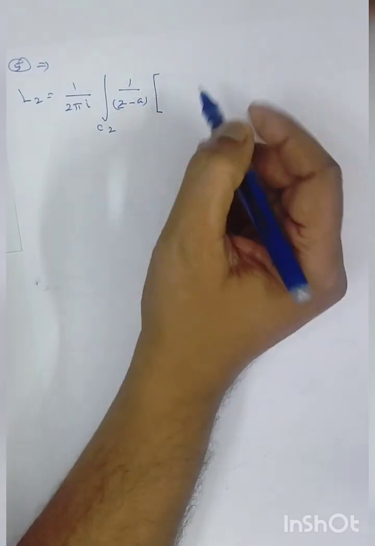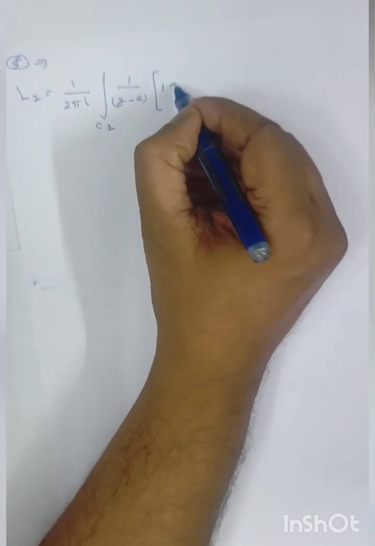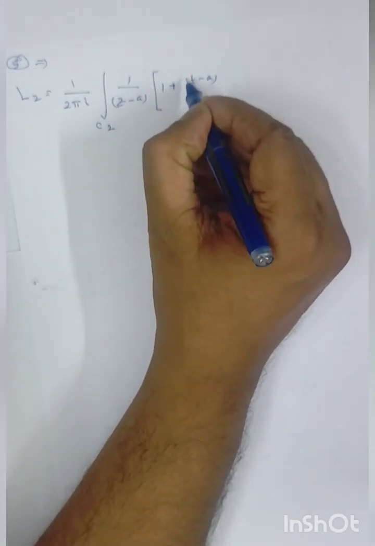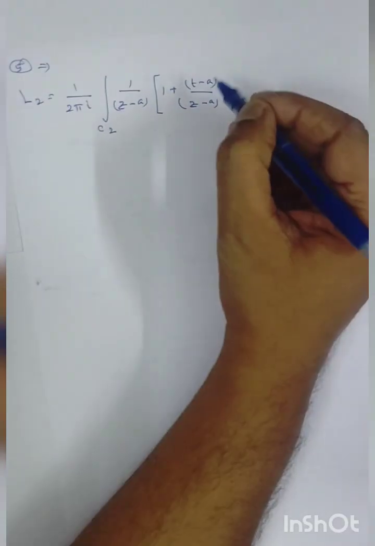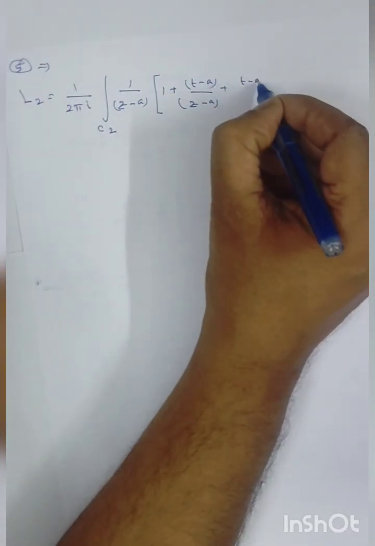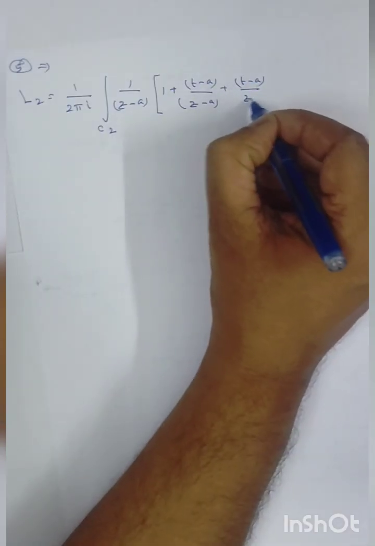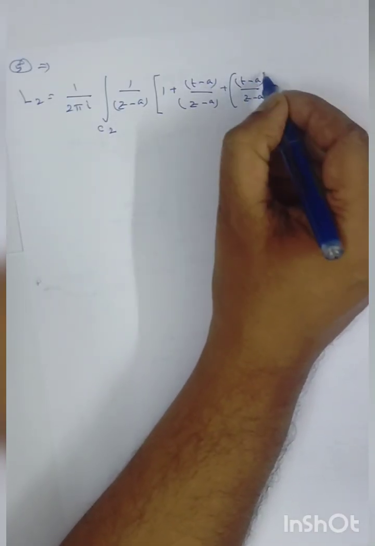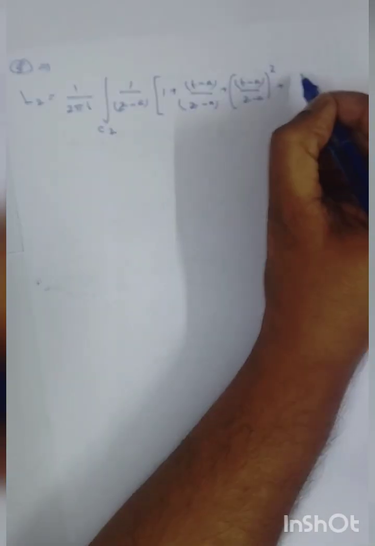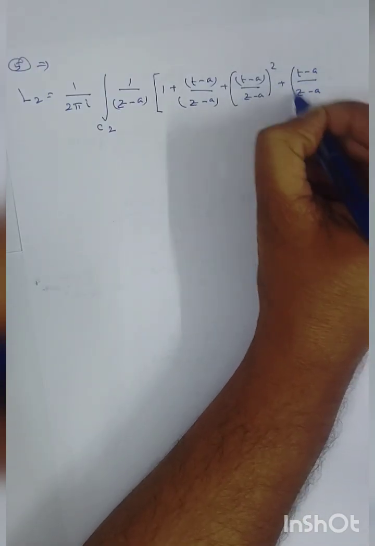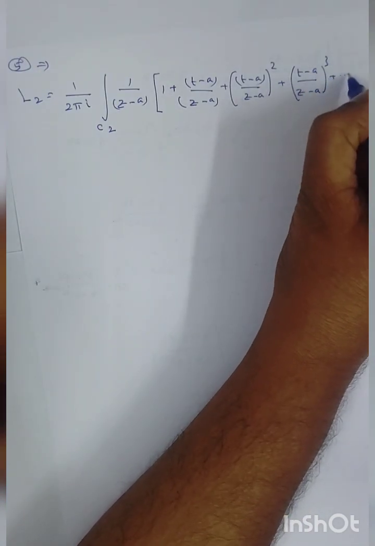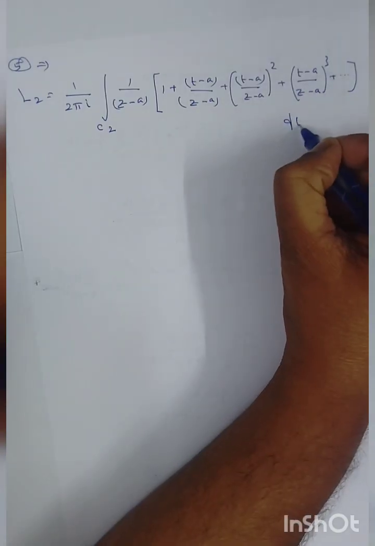You expand according to binomial theorem: 1 plus t minus a divided by z minus a, plus t minus a by z minus a the whole square, plus t minus a divided by z minus a the whole cube, plus etc., into f of t dt.